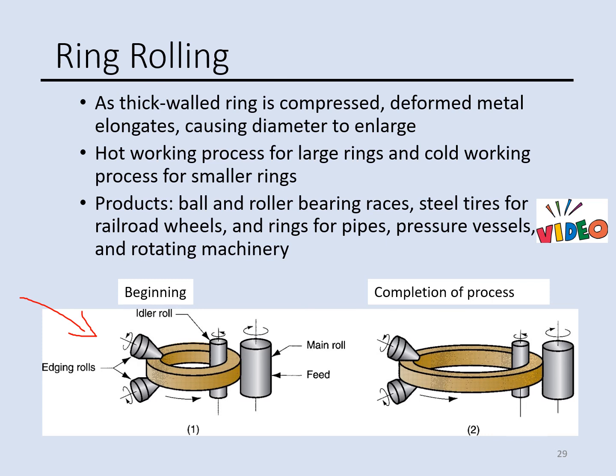As you see, this one is larger than this small ring, and normally this process requires high temperature, so this can be done in a hot working environment. Products are ball and roller bearing races. Also, it can be used for pressure vessels and rotating machinery.